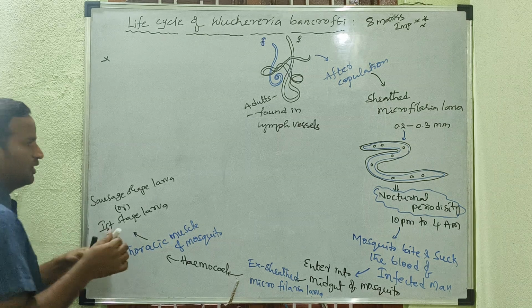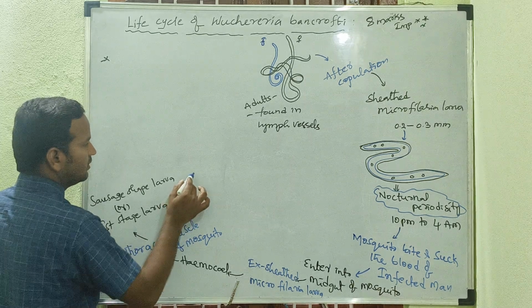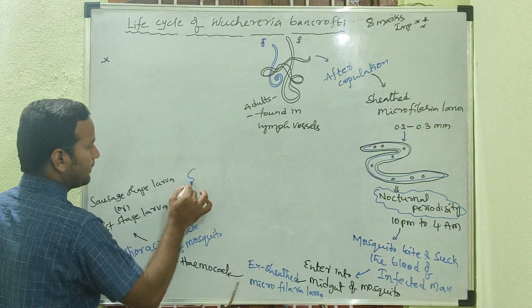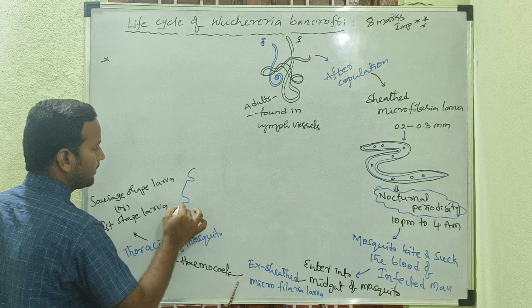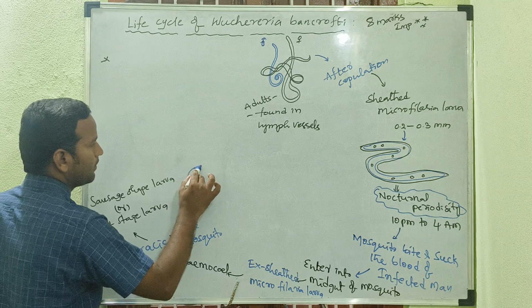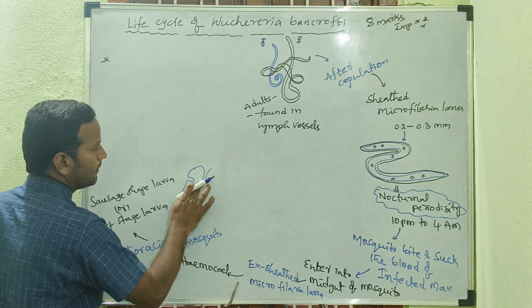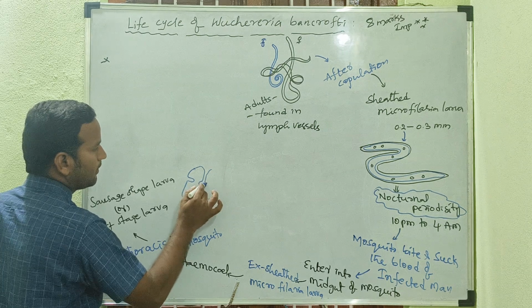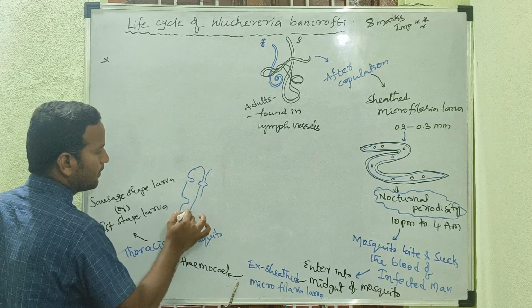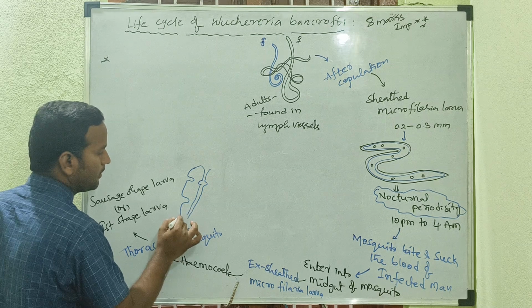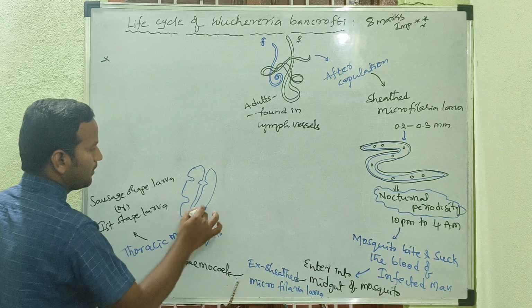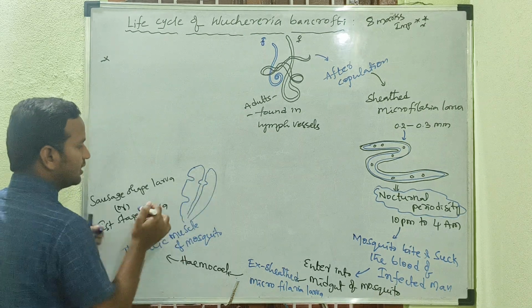Sausage shaped larva means it looks like such a kind of structure.